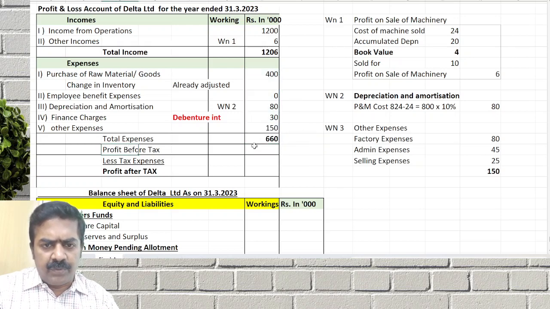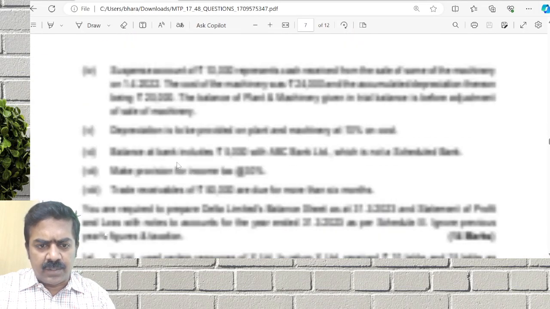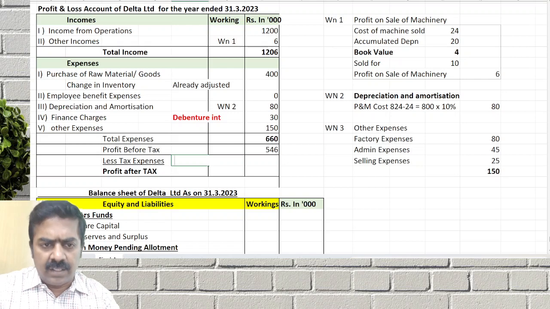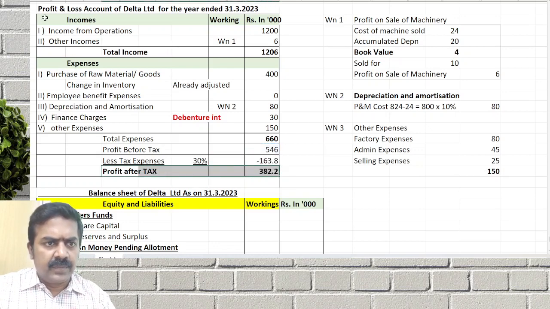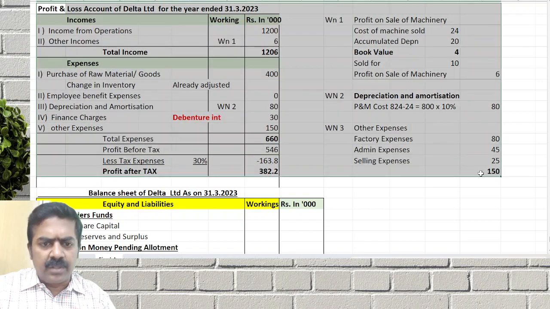So profit before tax: 1206 minus 150. Sorry, this one, 546 will come. Tax expenses, what is the rate of tax? 30%. This into 30%, so it will give us profit after tax. Take up this. This is for which account?